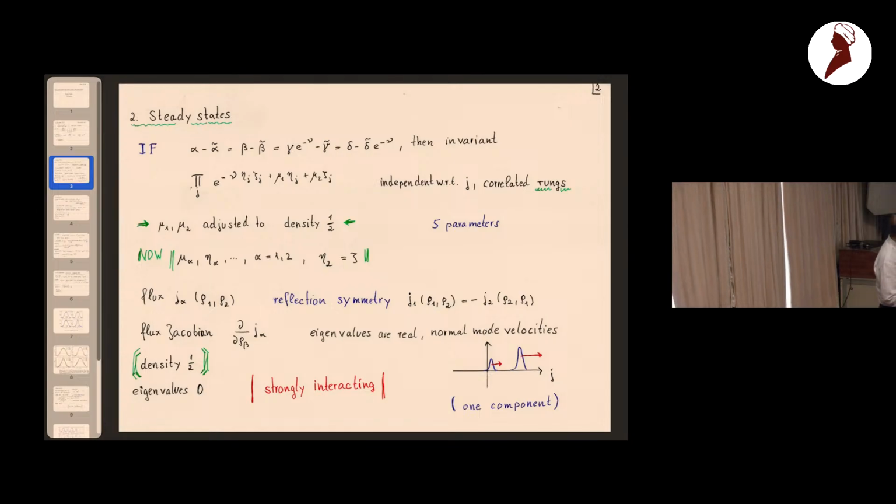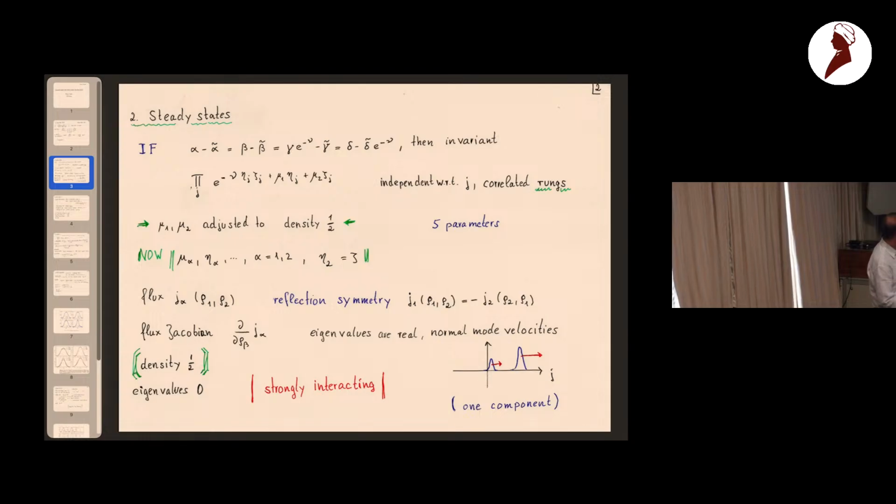Now, I put here the eta and the theta, not to confuse you at the beginning, but it's more convenient to really talk about 1 and 2. So what I called eta before is now eta 1, and the theta is eta 2. That makes the labeling much easier.